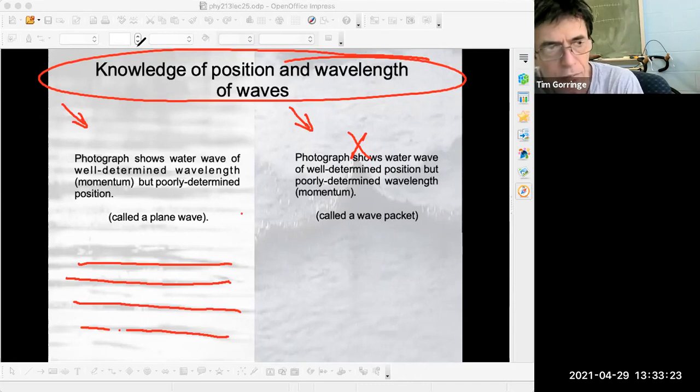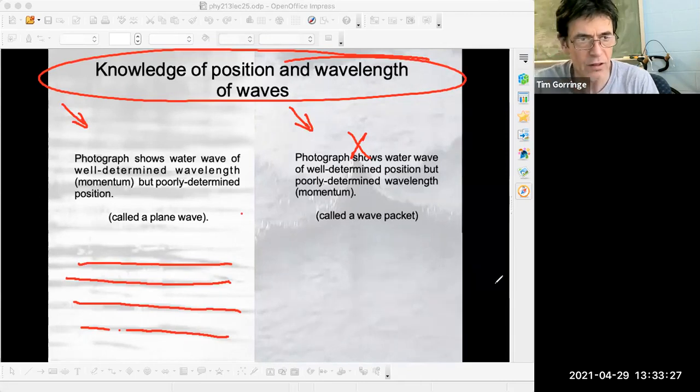And it was Heisenberg that applied this example to matter, to electrons, to atoms, to molecules, that you can't simultaneously know the wavelength of an electron or its momentum and also know its position. There's a limit on how precisely you can know these two things.